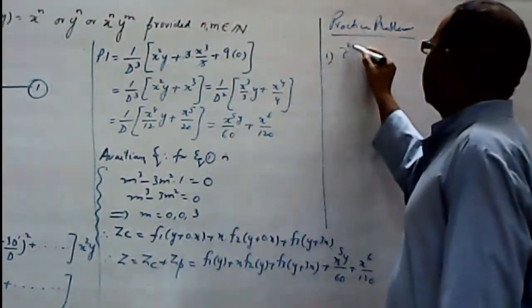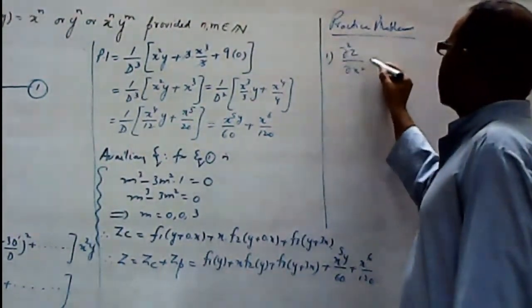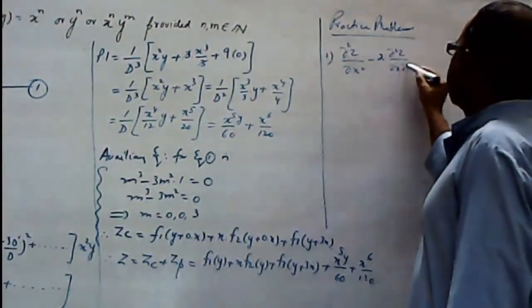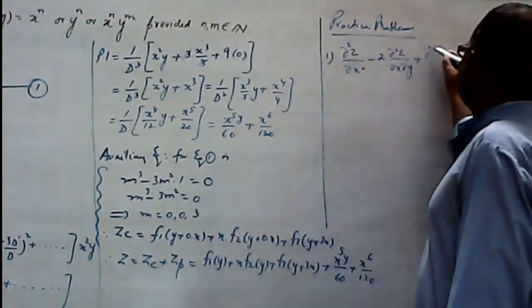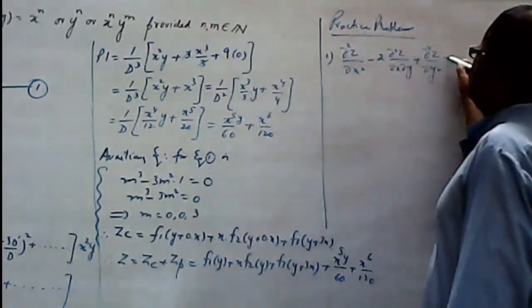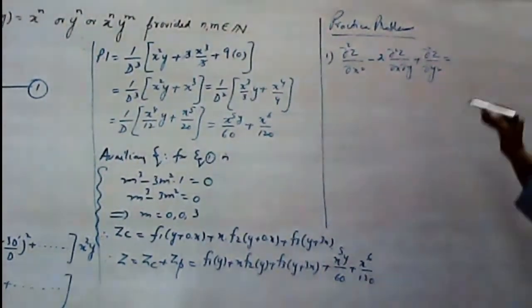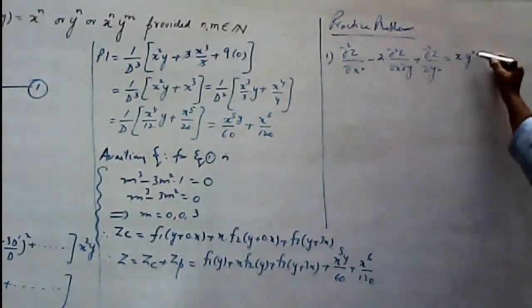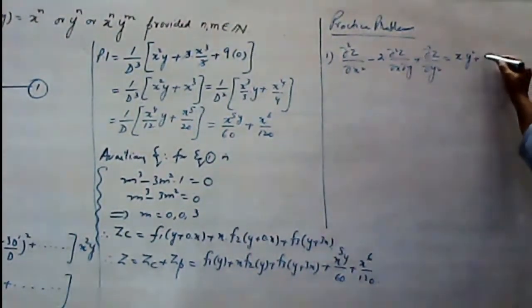Number 1, partial 2z over partial x square minus 2 partial 2z over partial x partial y plus partial 2z over partial y square is equal to x y square plus y x square.